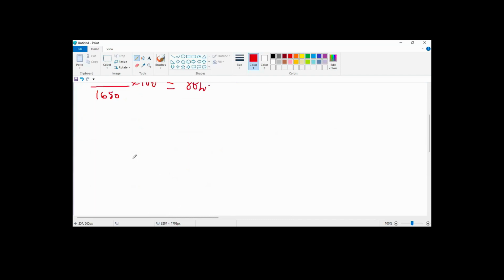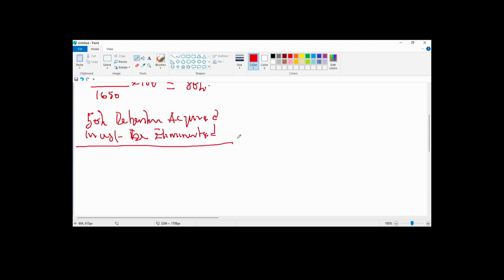So the 50% debenture acquired must be eliminated. Why? You cannot give yourself a loan. You are a single entity.